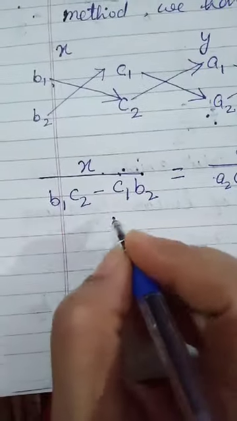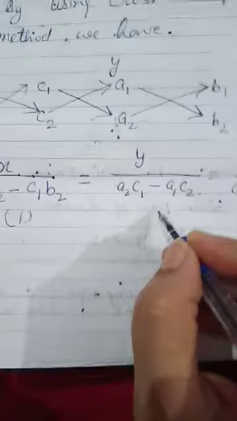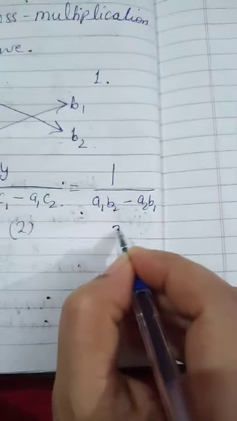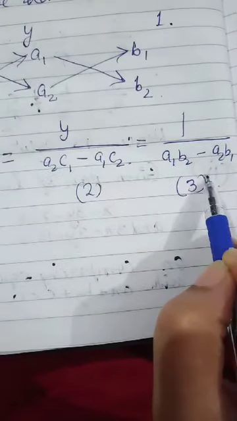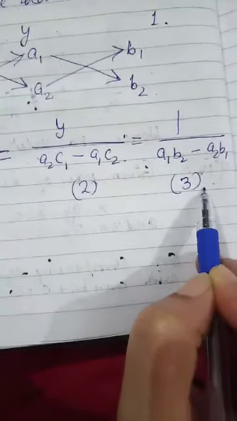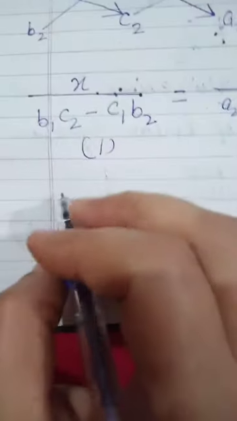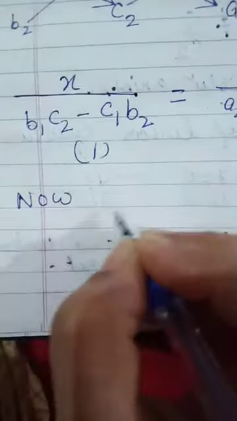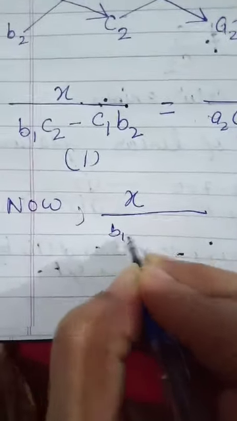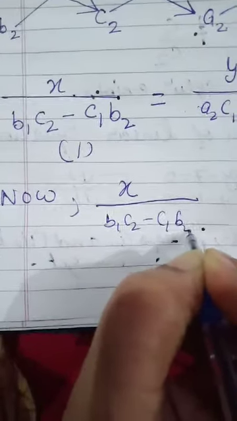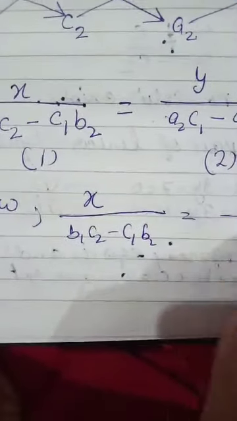Now easily you can find out the value of x if we take this one equal to the third one, क्योंकि थर्ड वन कांस्टेंट है. फर्स्ट को थर्ड के साथ इक्वेट करेंगे तो x की वैल्यू आएगी, सेकंड को थर्ड के साथ करेंगे तो y की वैल्यू आएगी. सो नाउ वी हैव फ्रॉम फर्स्ट एंड थर्ड. नाउ x अपॉन b1 c2 माइनस c1 b2 इज इक्वल टू 1 अपॉन a1 b2 माइनस a2 b1.